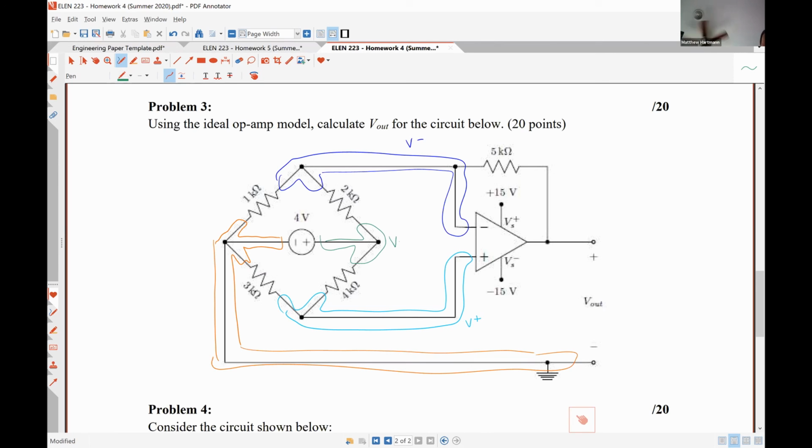Let's call it node A, just for the sake of argument. And then here's my output voltage node. All right, so let me take a look at this real quick because it's been a hot minute since I did this one, and I think the solution to it is in my office at Tech.